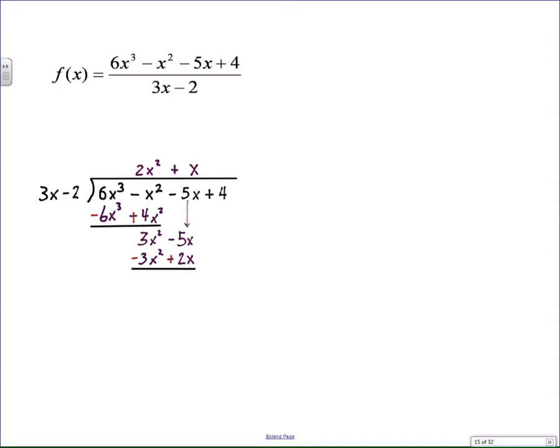I subtract, which turns out to give me adding a 2x. And we have negative 3x, bring down the 4, and multiply by negative 1, so we can match the negative 3x. Now it'll be plus 2, which again we subtract, and now we have leftovers. The 2 still has to be divided by the 3x minus 2, and we just say, I'll do that later.